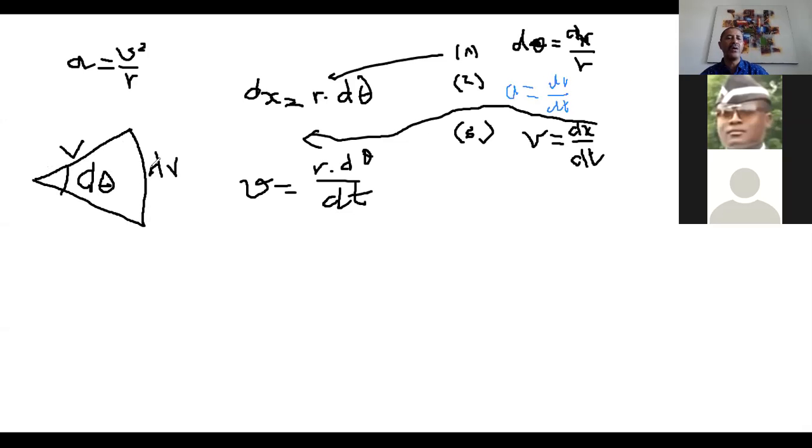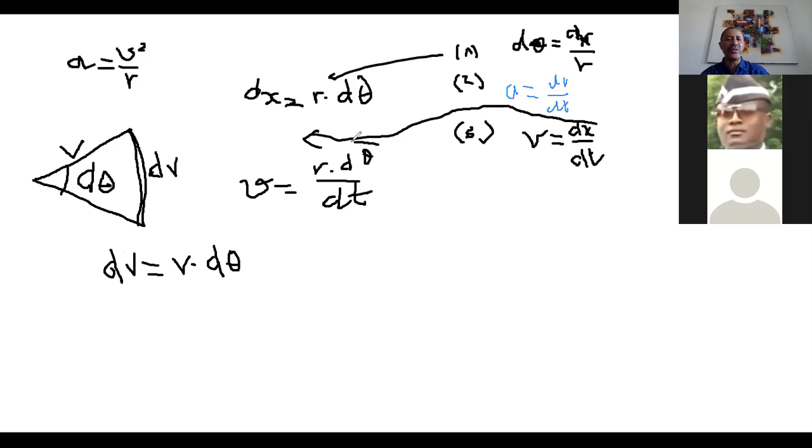Cool? Approximately, yes, we say dy equals dv, because the dv is only this one. This one is our dy. So dv equals v d theta. Correct?